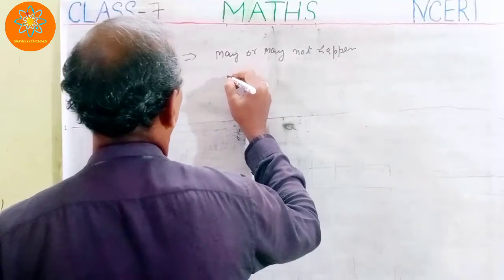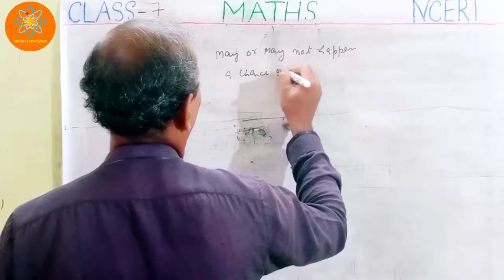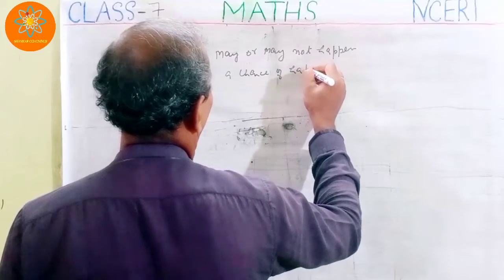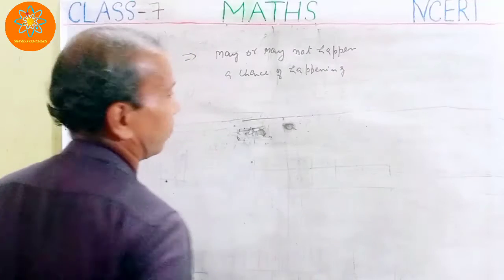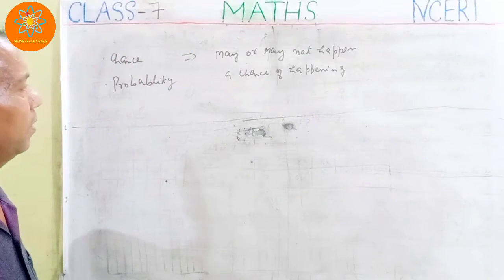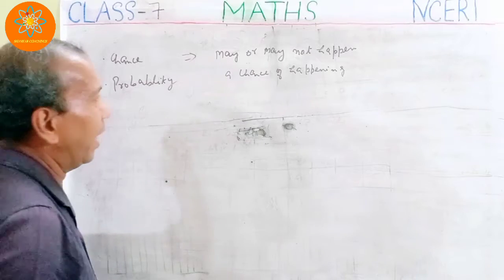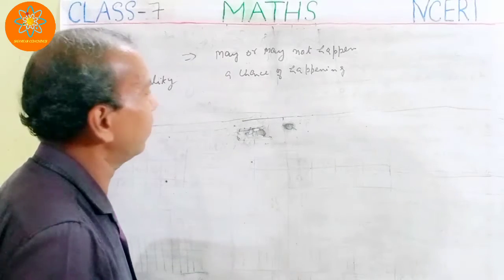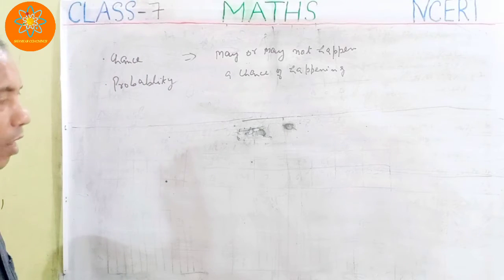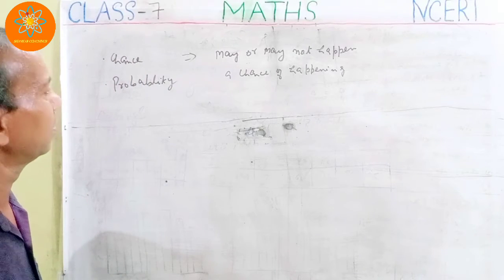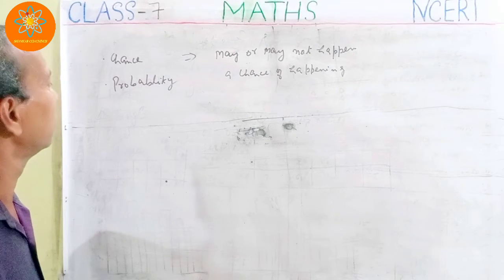But a chance of happening is there. For example, I'm taking a coin. So either head will come or tail will come. After tossing, we can find either head or tail. So that is the meaning of chance.